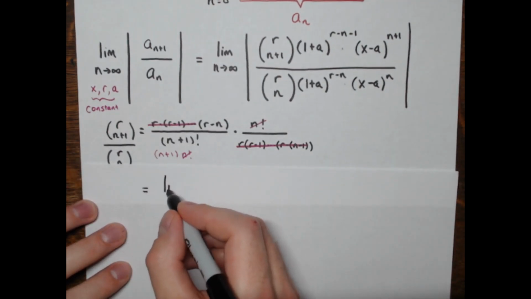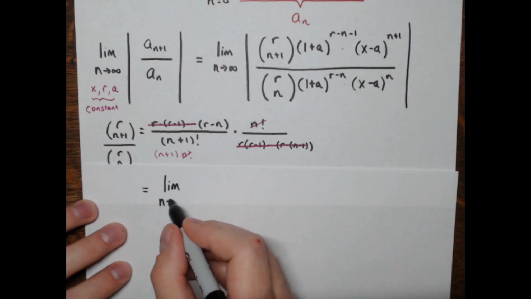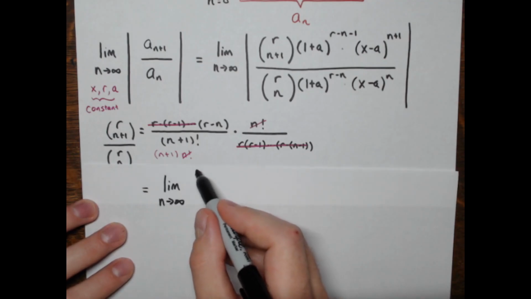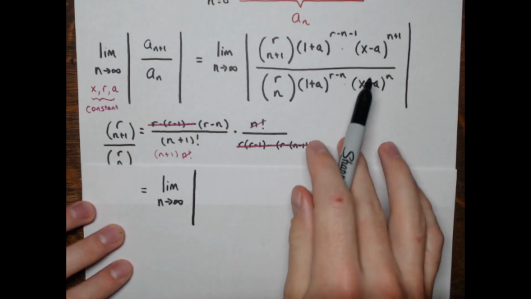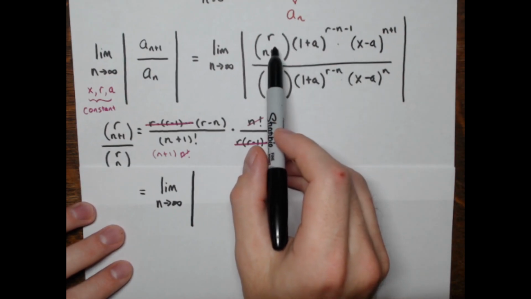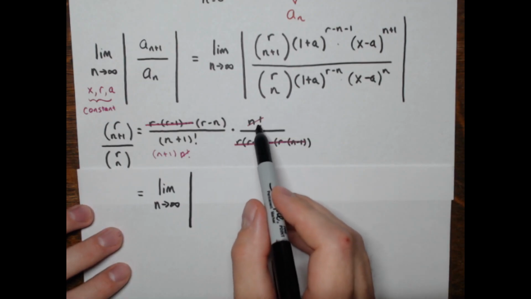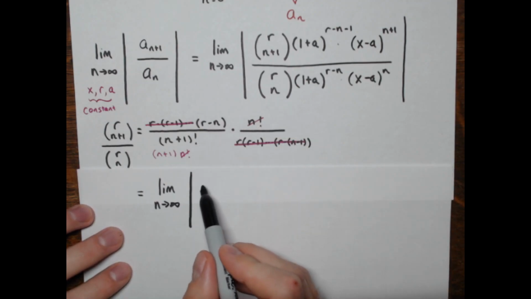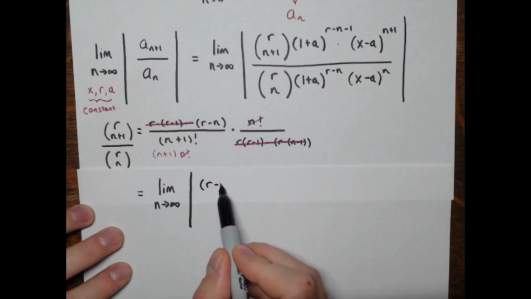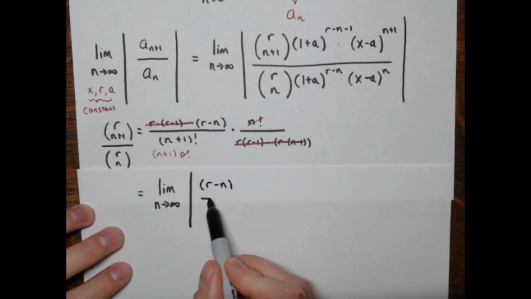So this will be the limit as n goes to infinity of the absolute value of, and we just saw this r choose n plus 1 divided by r choose n simplifies quite nicely to r minus n over n plus 1.